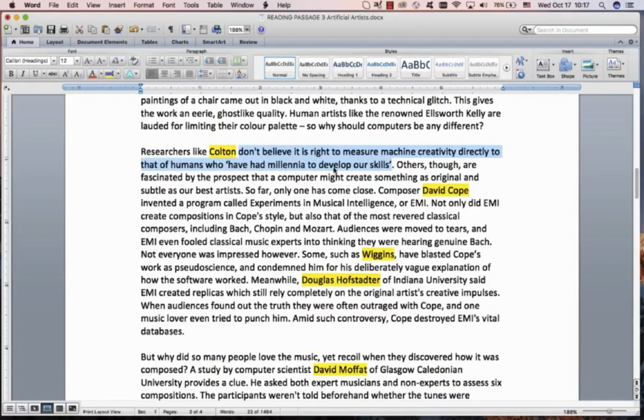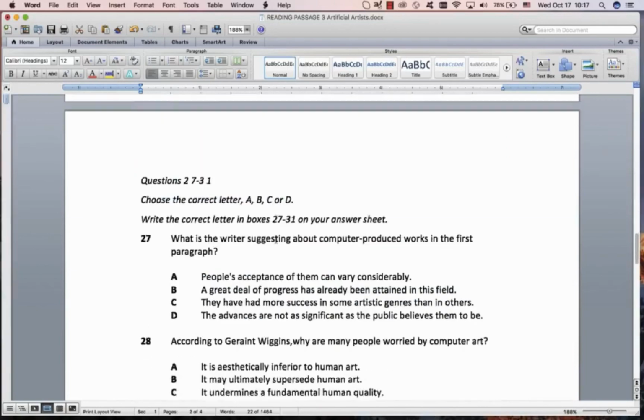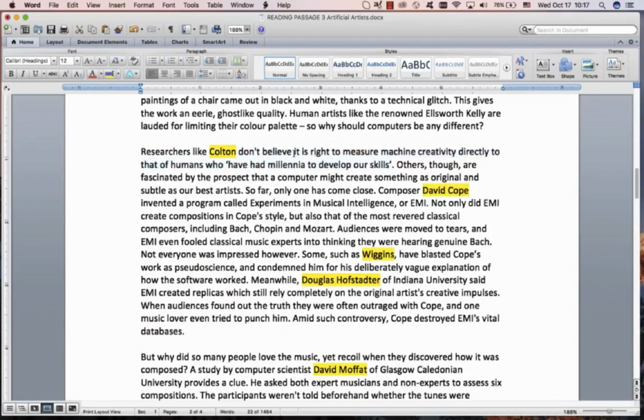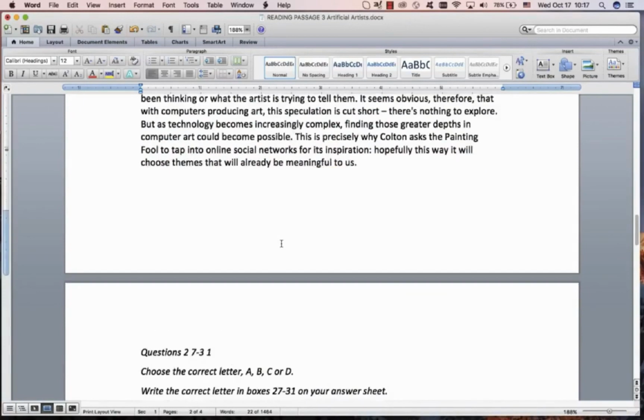Humans have had millennia to develop our skills. Millennia means thousands of years, a long time. So that's the long-term thing that they're talking about over here. Consider the long-term view when. So he doesn't believe it's right to measure machine creativity directly to that of humans.